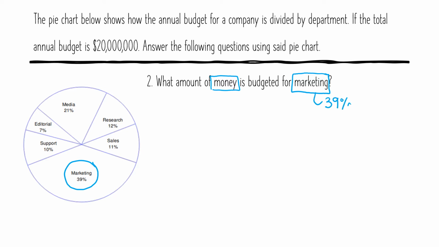So we need to figure out what 39% of the budget is in order to figure out how much money the company is going to be spending. So we need 39% times our budget, which is that $20 million.